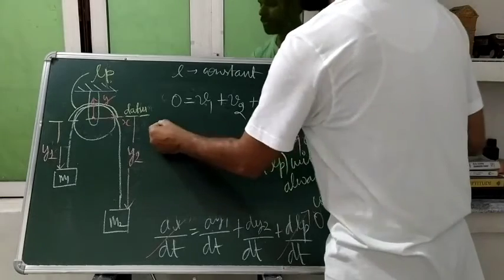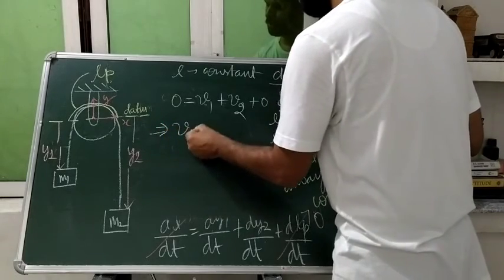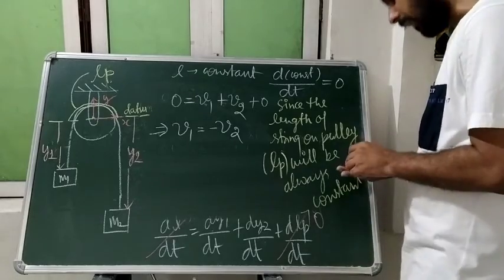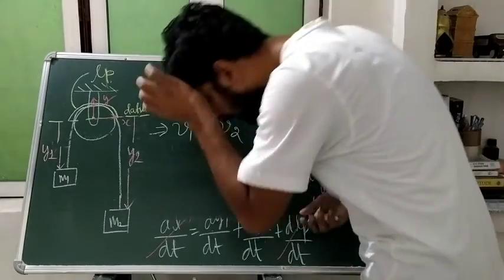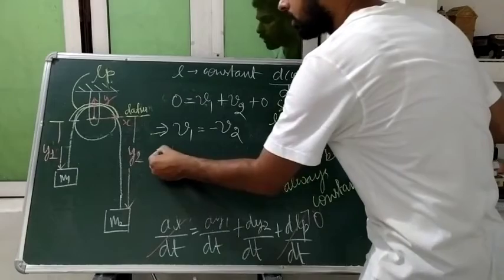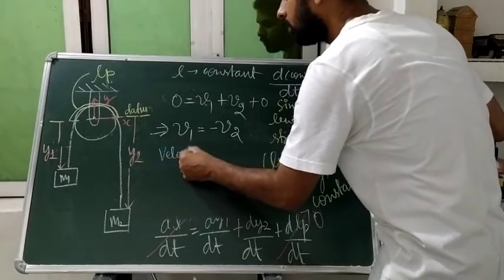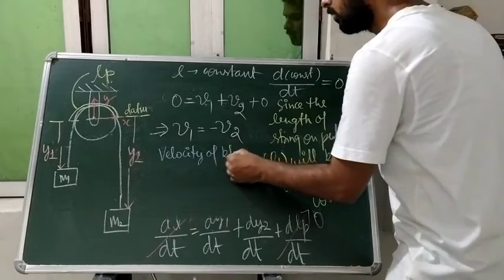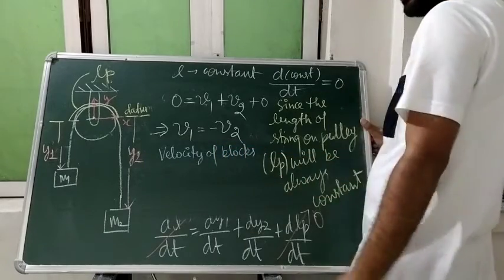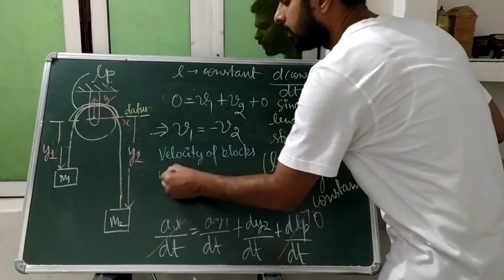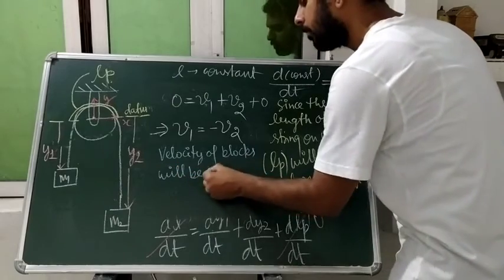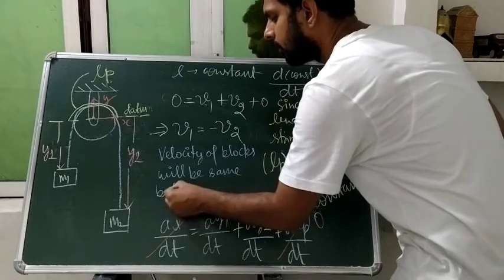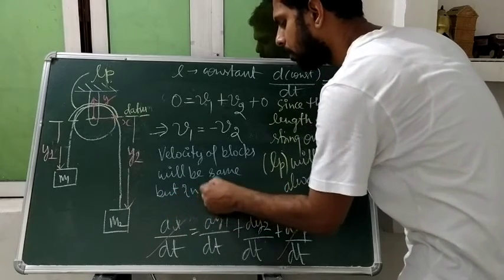That our v1 will be equal to minus times of the velocity v2. Meaning is that velocity of blocks will be same but in opposite direction.